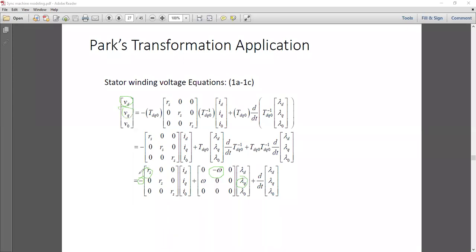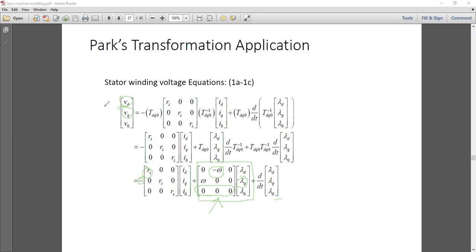And VQ would be minus RS IQ, plus omega lambda d, plus d lambda Q over dt. And V0 would be simply minus RS I0 plus, there would be no second term here out of this matrix because all will be 0, and then d lambda 0 by dt.